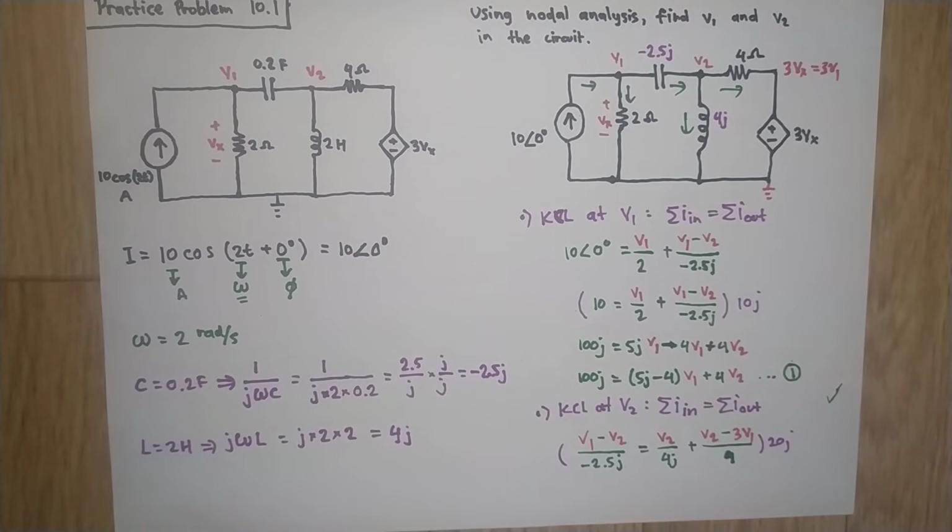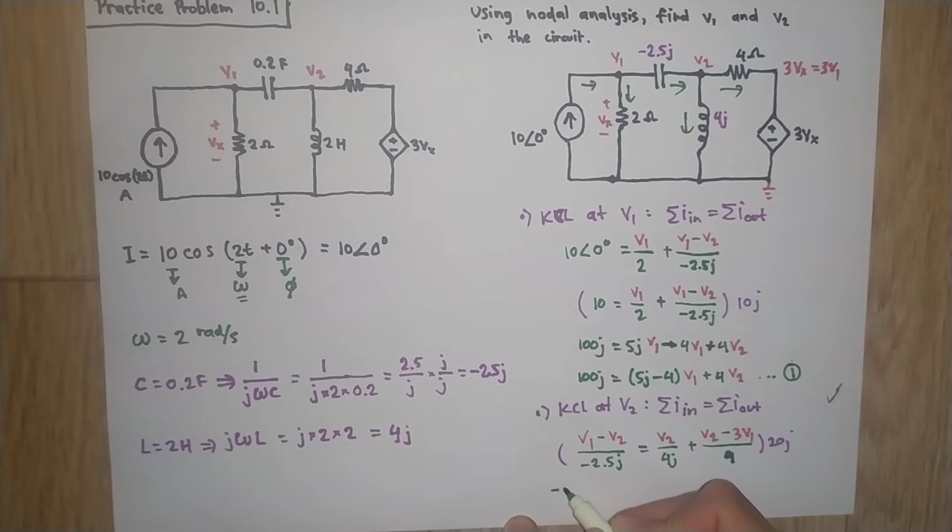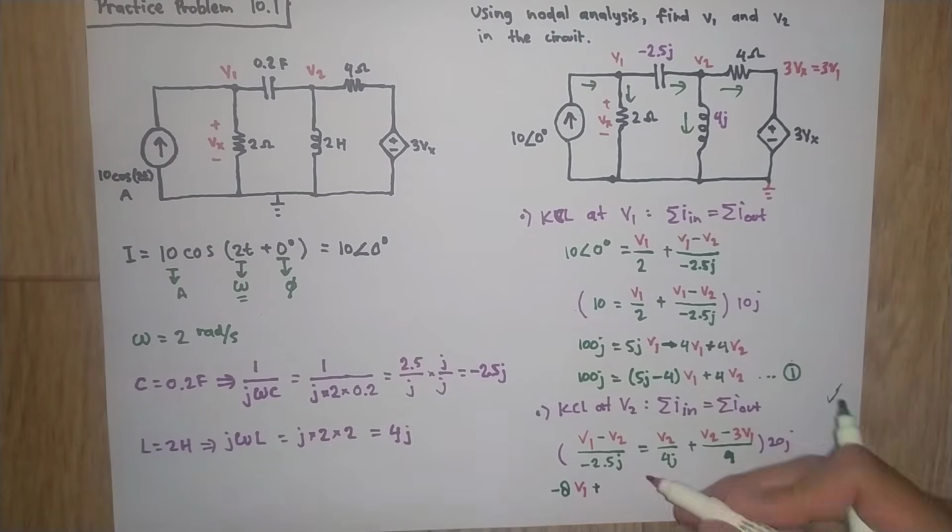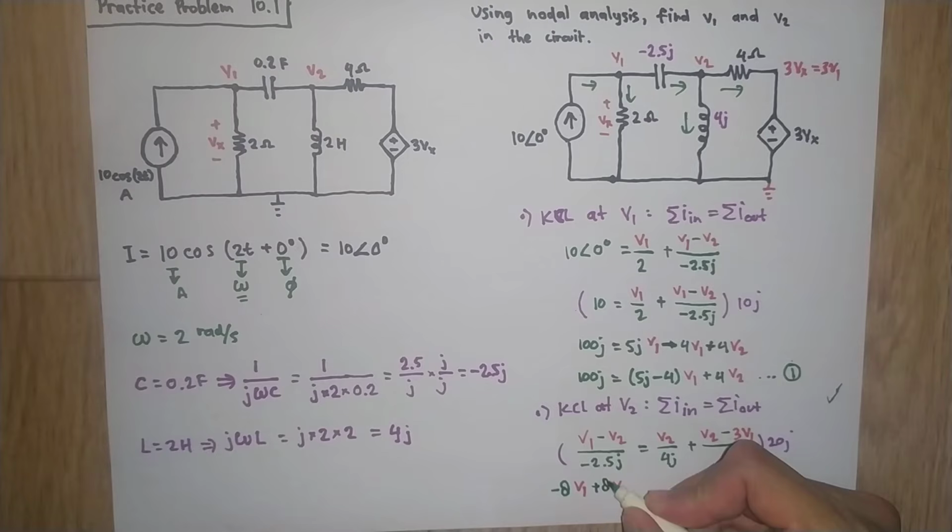And that will give us minus 8 of V1, and then plus 8 of V2, and that will equal 5V2, right?